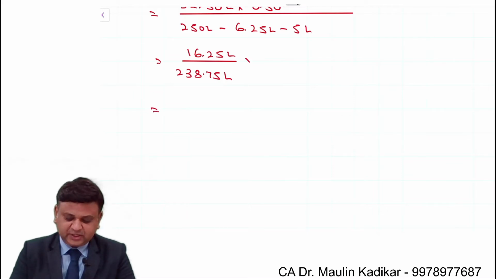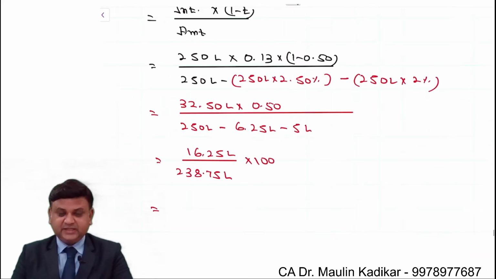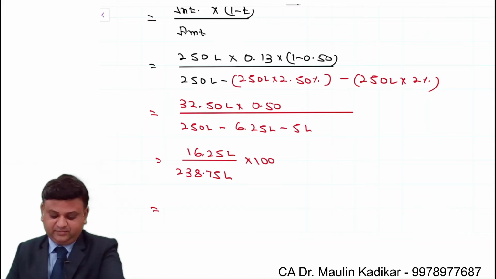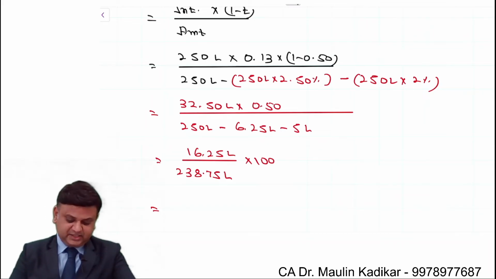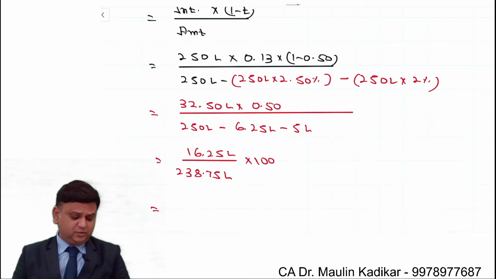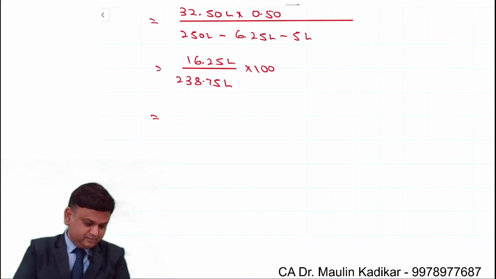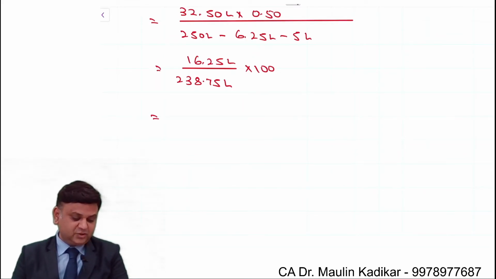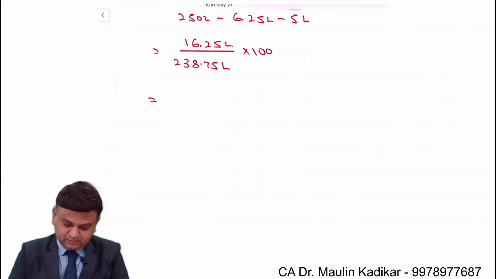So this is the amount that you are going to use, and the cost is 16.25. So 16.25 upon 238.75 comes to 6.8063%.